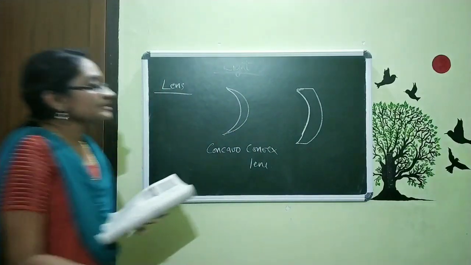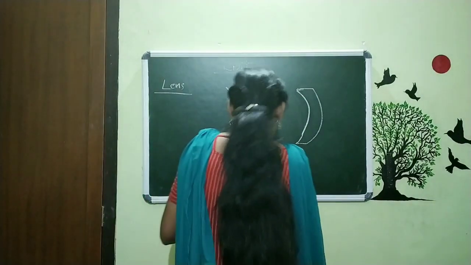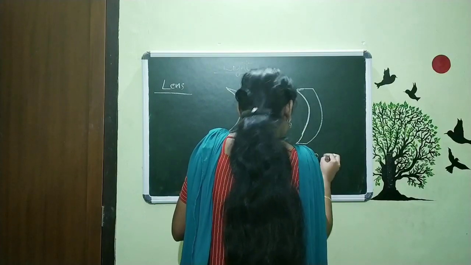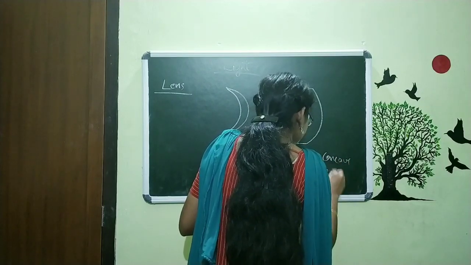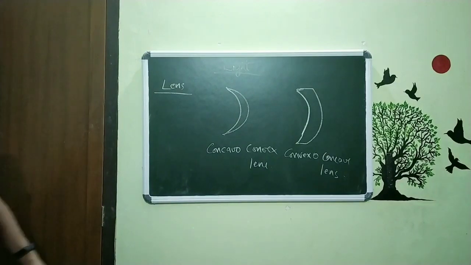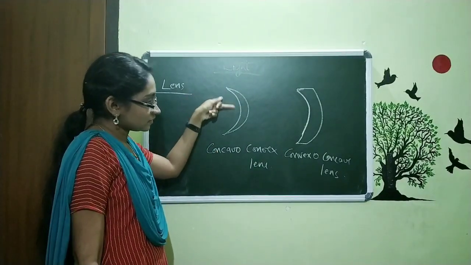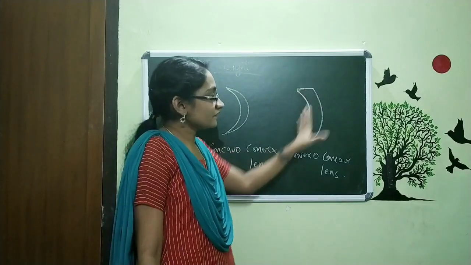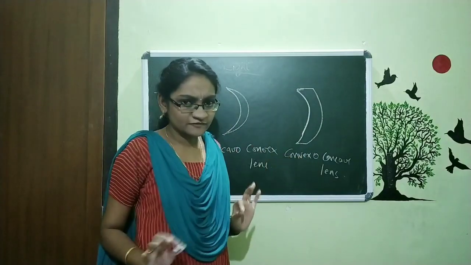This is another type of lens similar to this, and the name is convexo-concave lens. Convexo-concave lens. Concavo-convex means concave and convex together. Here the convex and the concave are together, both are the same but with a small difference.